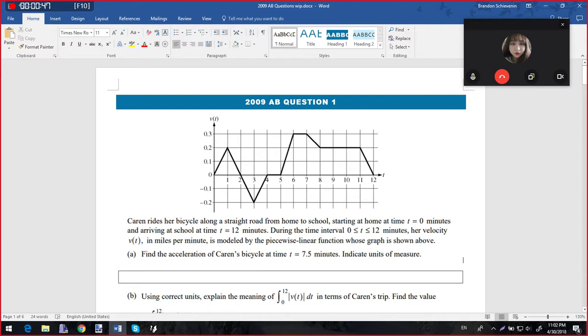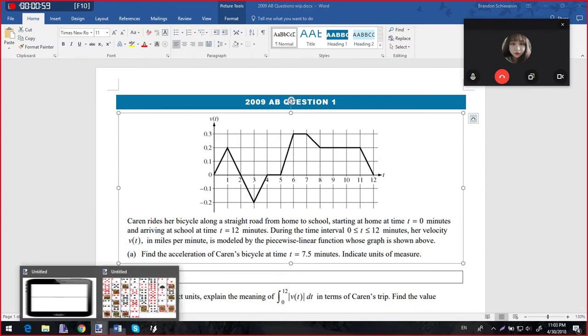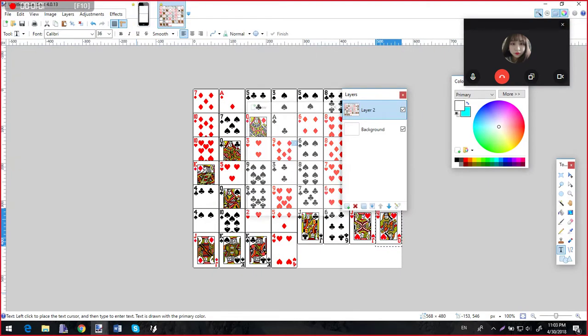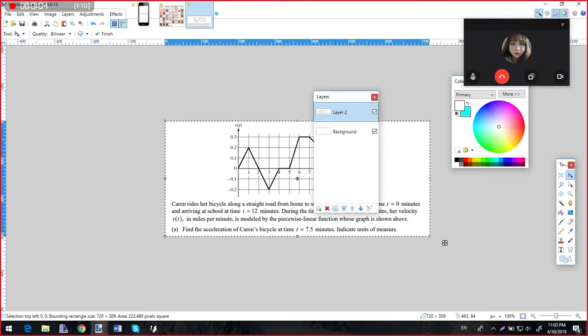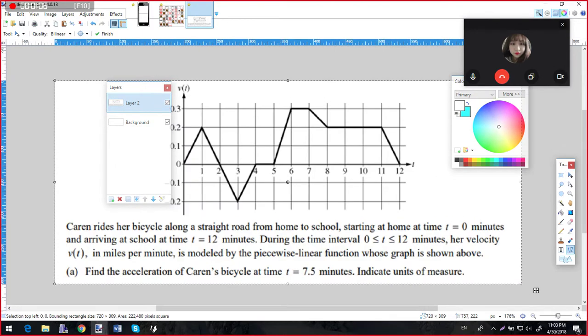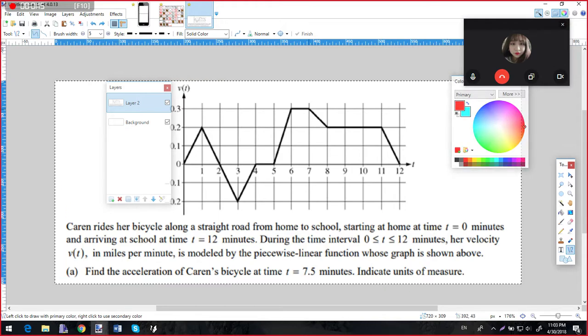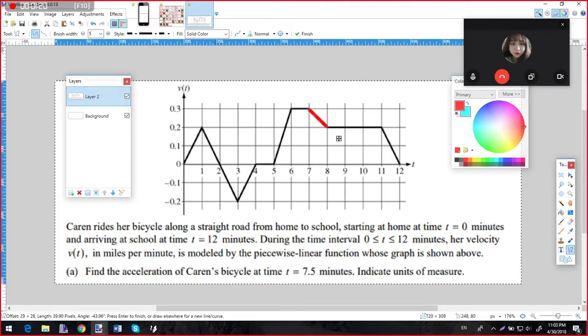Okay, so if this graph is her velocity, then in order to get acceleration, I would need to differentiate this graph. So what I'm really looking for is the slope of this graph at the point 7.5, so right about here. In order to get the slope of that graph, I'm going to look at the change in y over change in x of this line that I'm marking in red.